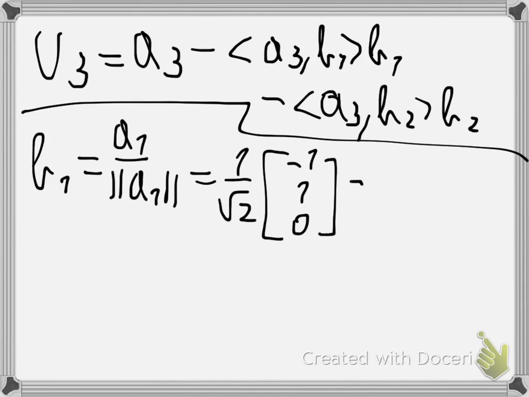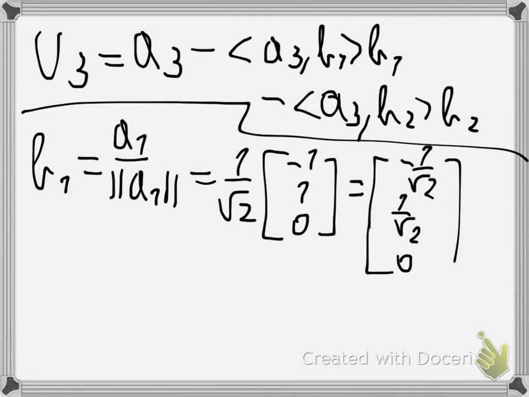Let's maybe put the square root in the vector because we will have to use the dot product with the vectors, so it will be easier to put it all in the vector.